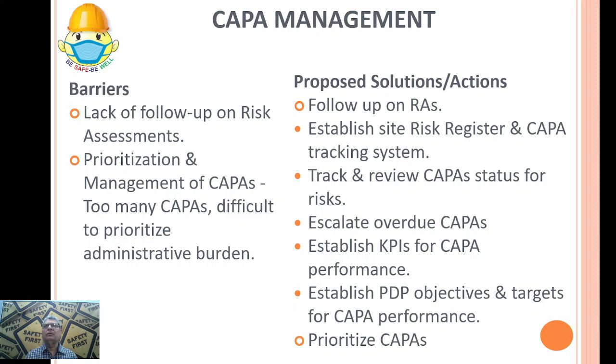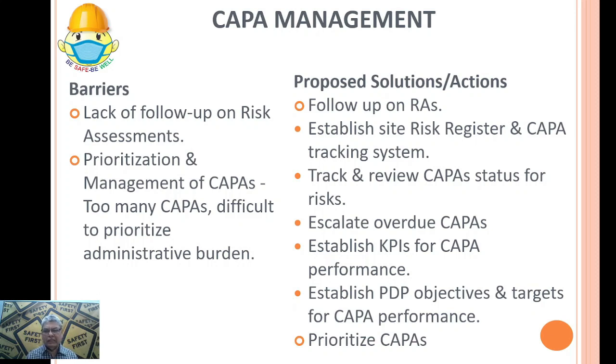So 75% work is completed, 25% is still remaining. Then you may establish an index or a standard that at any point of time there should not be CAPAs overdue which are more than 10%. So this is KPI. So unless you set a standard for the completion of CAPA, probably you will be lacking in tracking it and completing it.